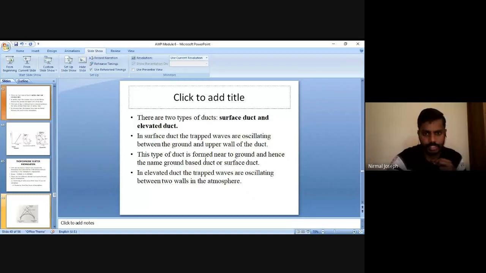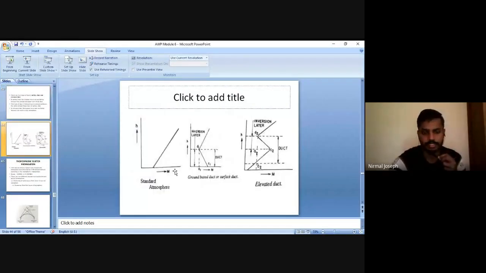Our surface duct is formed near the ground, and in an elevated duct the trapped waves oscillate between two walls in the atmosphere. So below and above, air will be there, and in between the duct will be formed. That is the elevated duct. So here, ground duct and elevated duct are shown.